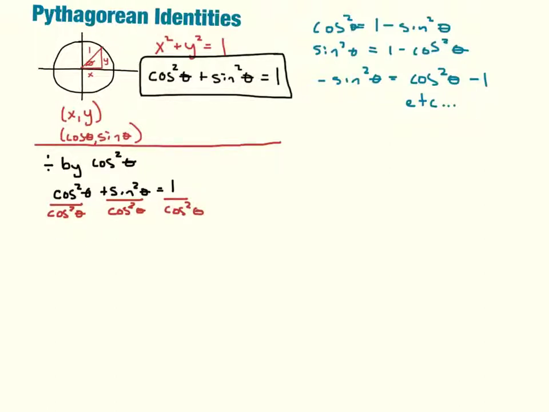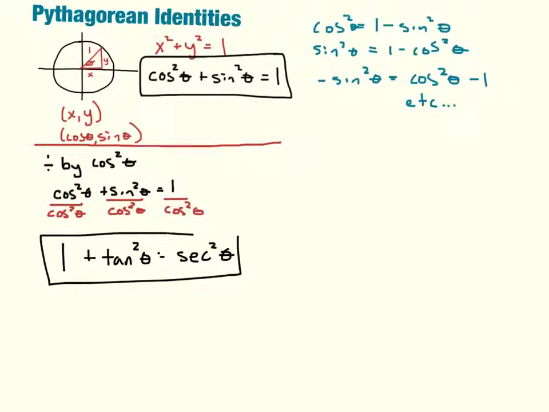Cosine squared theta divided by cosine squared theta is 1. Sine squared theta over cosine squared theta is tangent squared theta. And 1 over cosine squared theta is the same thing as secant squared theta. So now I have my next identity.